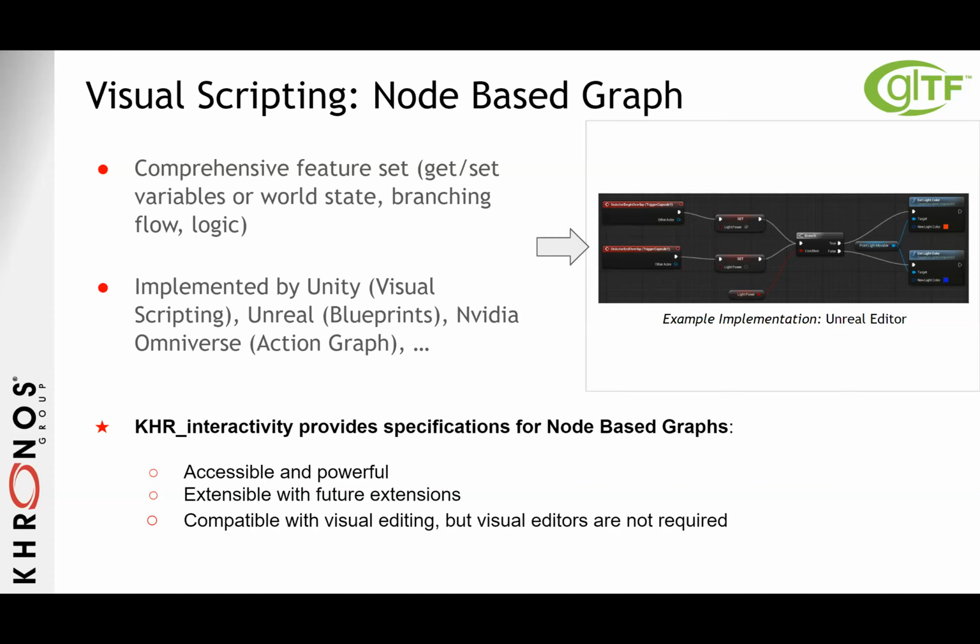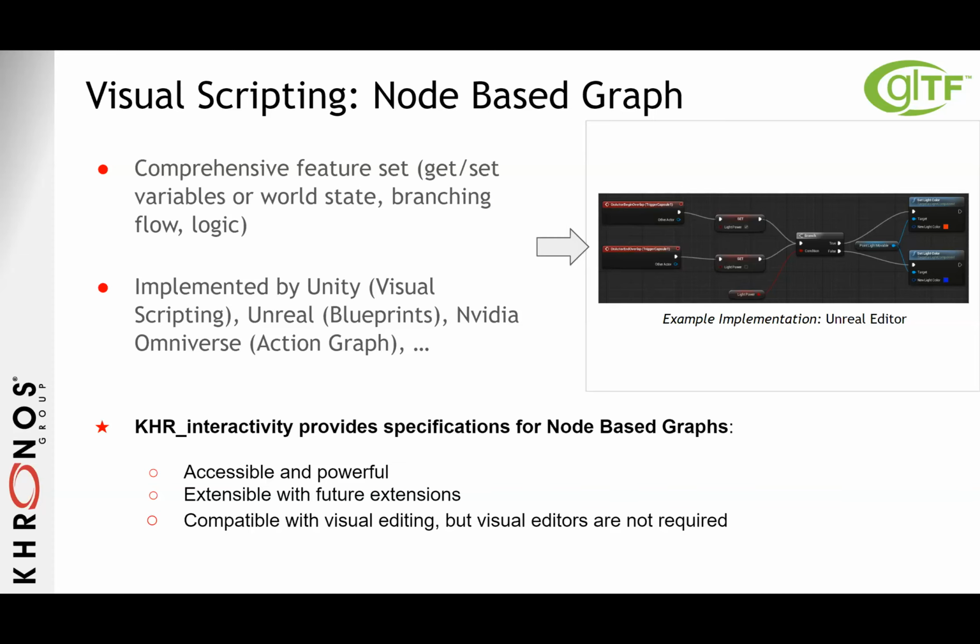We have two main industry standards, Unity and Unreal, providing such a concept. NVIDIA, through the Omniverse platform and OmniGraph, also presents the same way of defining interactivity. So the KHR interactivity extension in glTF provides a standard specification for such graphs, so it's both accessible and powerful.